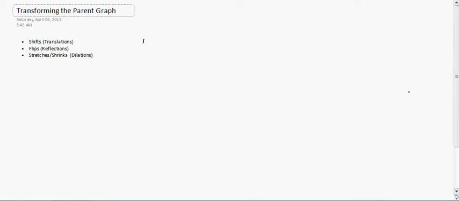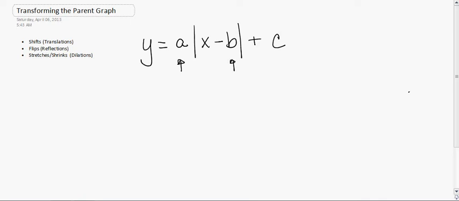So first of all, I'm just going to write a general function for absolute value, and the a, the b, and the c are all going to correspond to some shift or a flip or a stretch and a shrink.